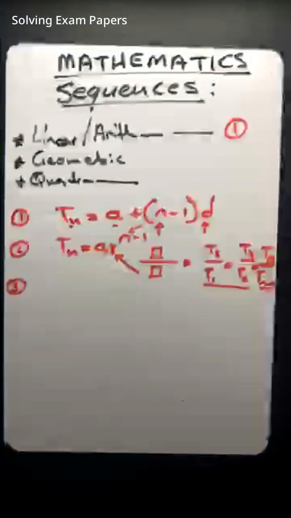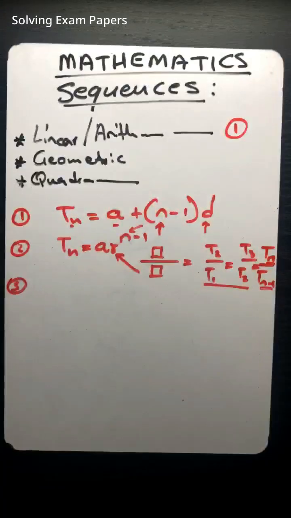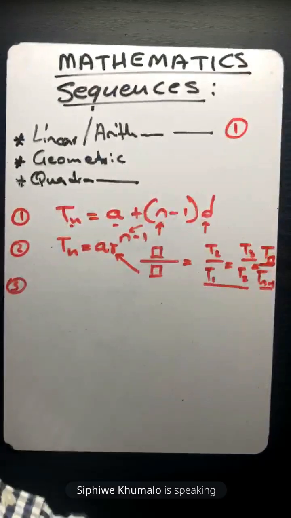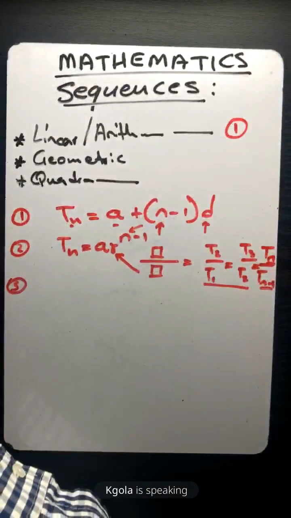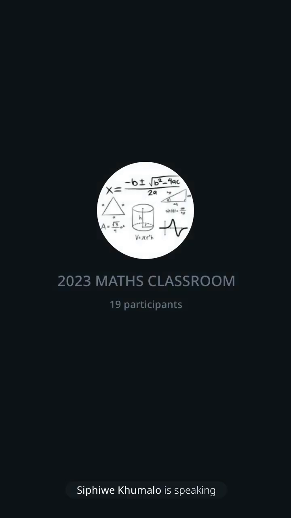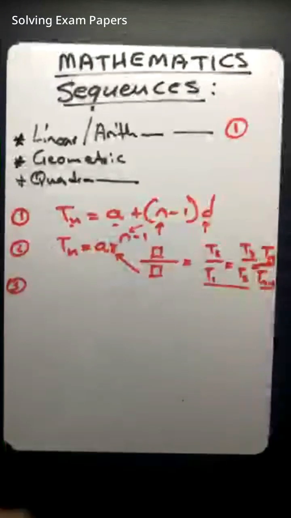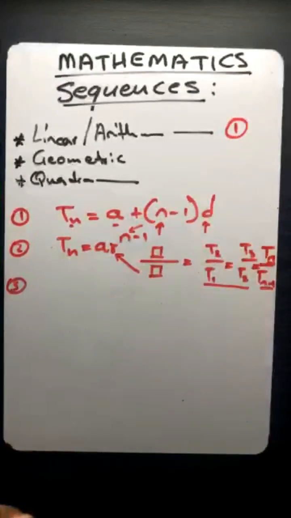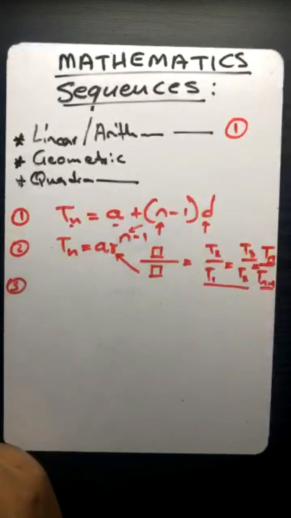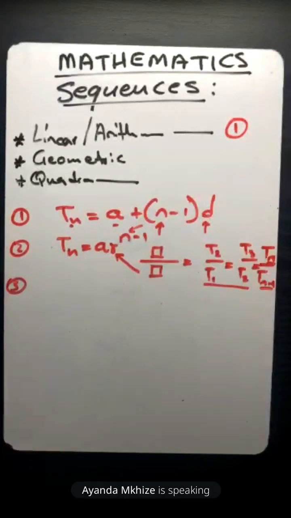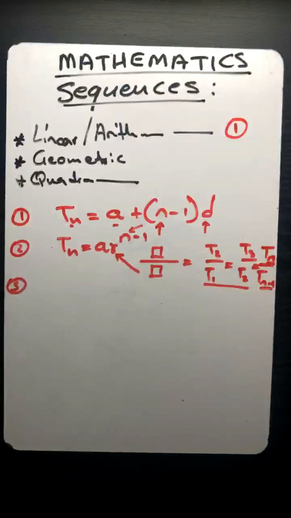Guys, can someone just confirm if everything is clear up to this point? I can hear you. Okay, then it's fine. I'm just trying to avoid a situation where I go far and some of you are not able to hear me clearly, thinking that maybe it's only you who has a poor connection.